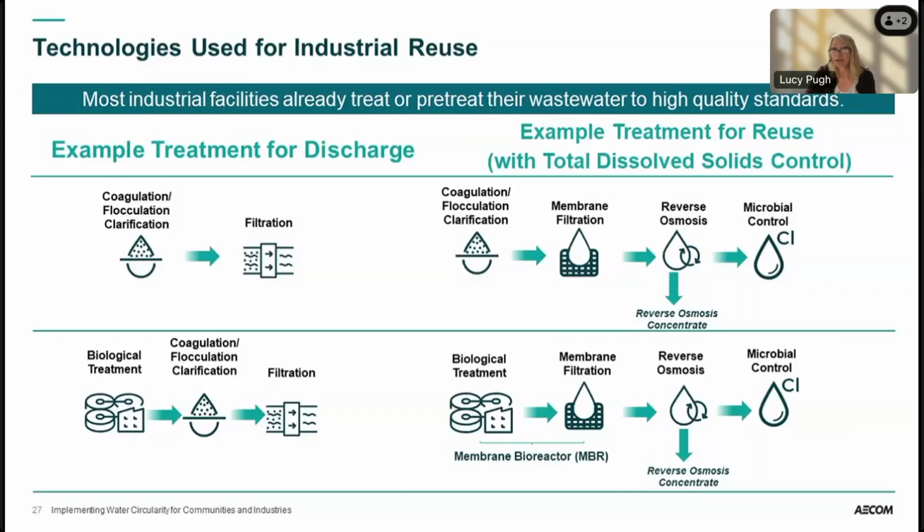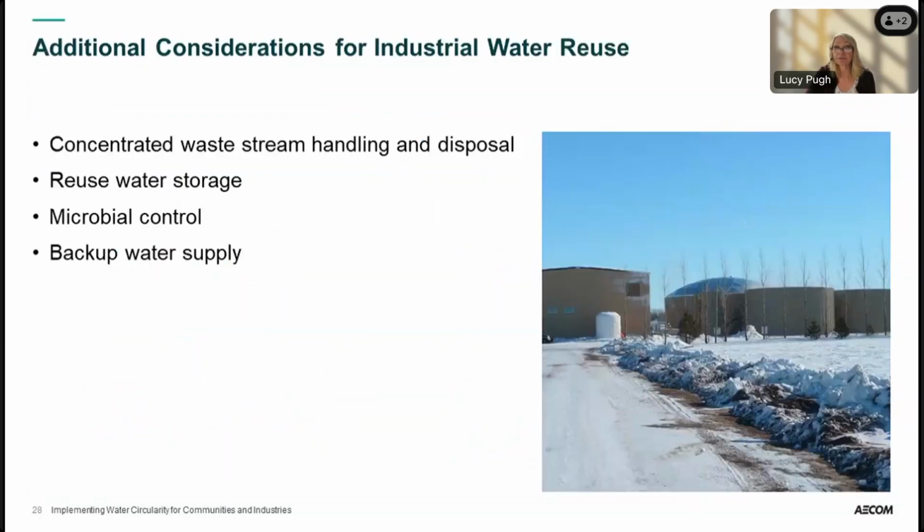So for instance, there may need to be some tweaks to the existing process, and then the addition of some improved filtration, like membrane filtration. If total dissolved solids are an issue, then perhaps a technology like reverse osmosis may be required for a part or all of the effluent to be able to remove those salts.